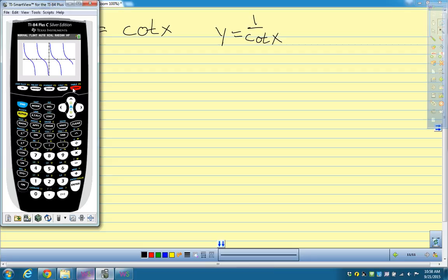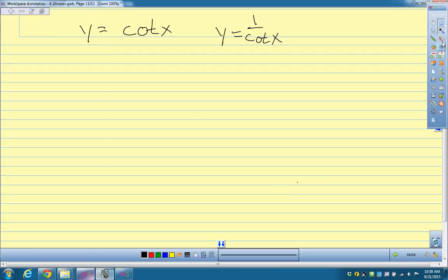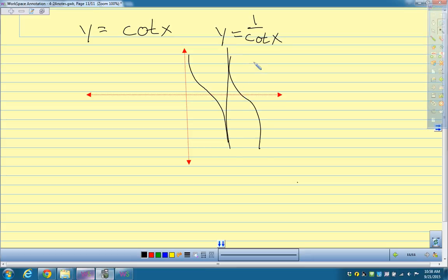So when you're graphing it on your calculator, it's kind of bad math to draw in, if this is y equals cotangent of x, and you do something like this, and then like this. Don't draw this part, okay? Because it will draw in the asymptotes, and you don't want to draw in the asymptotes.